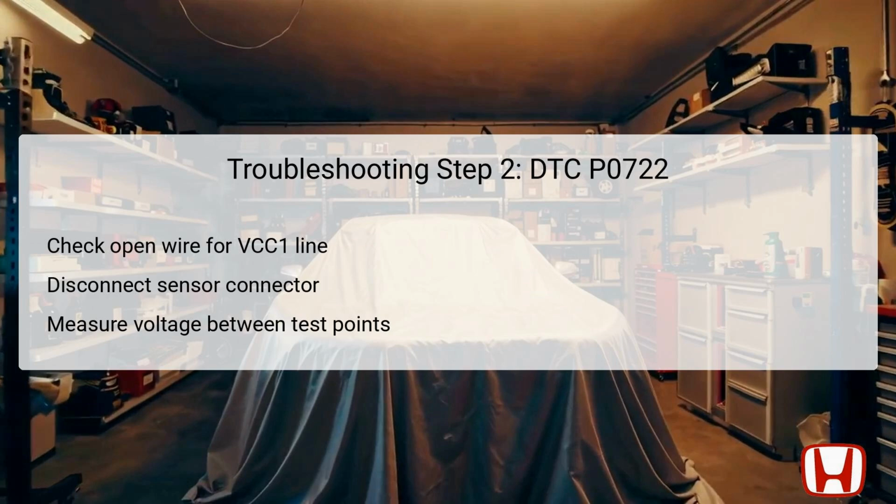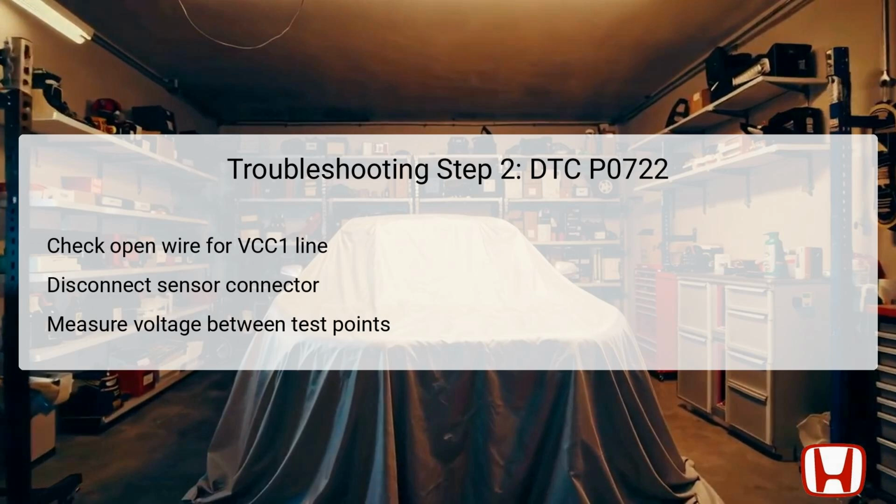By measuring the voltage between test points 1 and 2 at the sensor connector, you can ascertain whether approximately 5 volts is present. Conduct this test with the output shaft speed sensor connector disconnected, ensuring an accurate reading without interference.